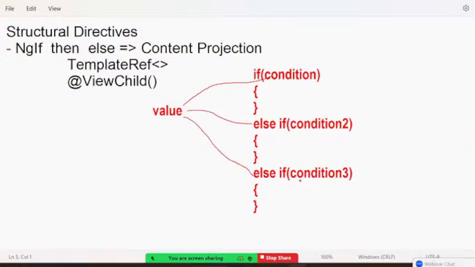So there are 20 choices. The 19th one is matching. Then the problem with if is that up to 19 it will check. That is a lot of time consuming. You are unnecessarily checking 19 conditions.